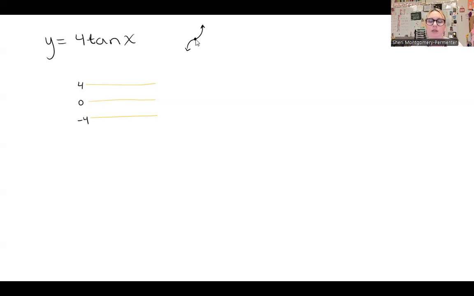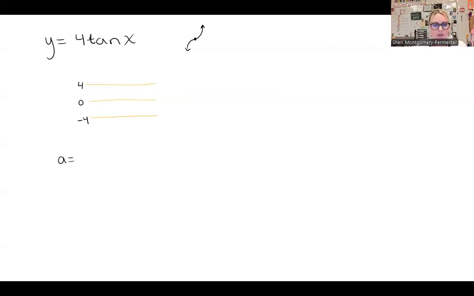And for tangent, there are only 3 critical points instead of 5. And so for this one, I was going to list everything out.